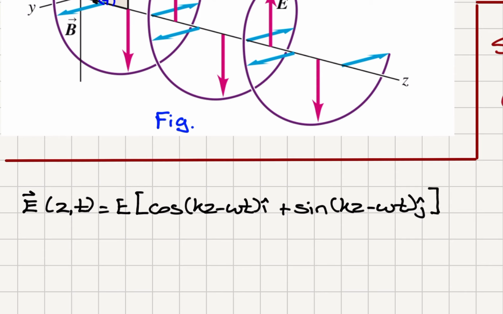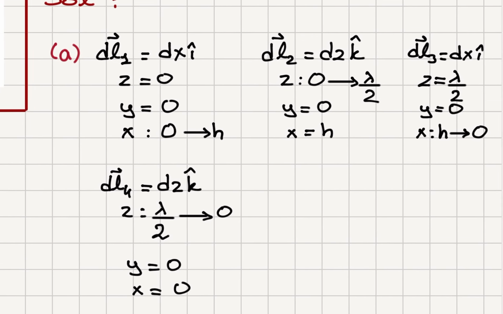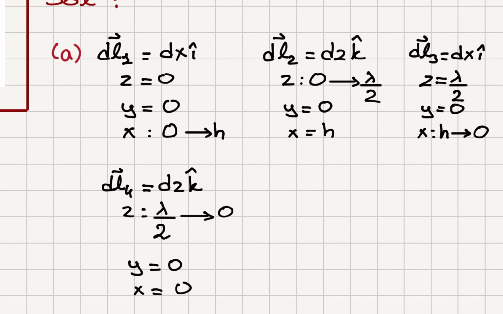So when I take the dot product of the electric field vector with these line elements, I will encounter i hat dot and j hat dot products. Whenever I have i hat dot k hat or j hat dot k hat, the answer will be 0.